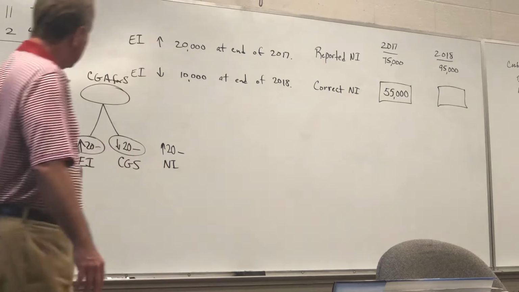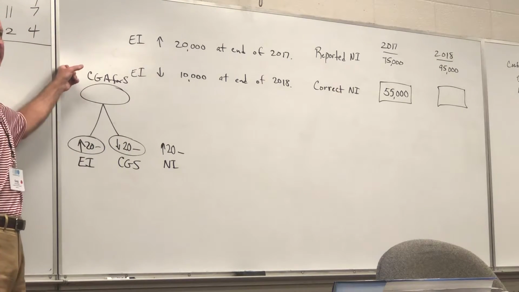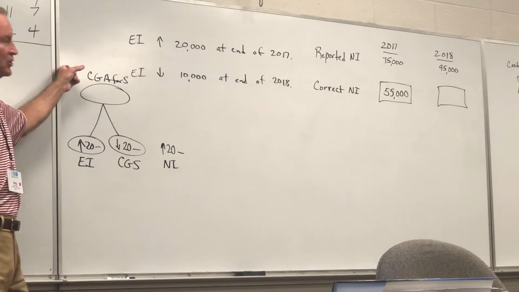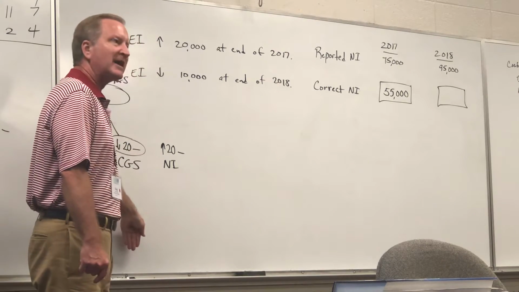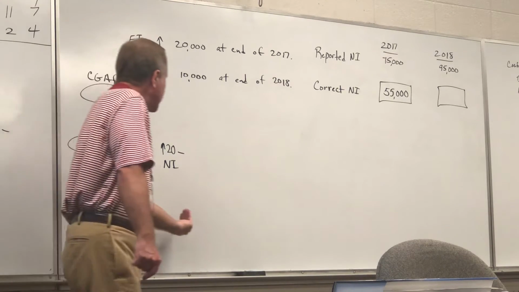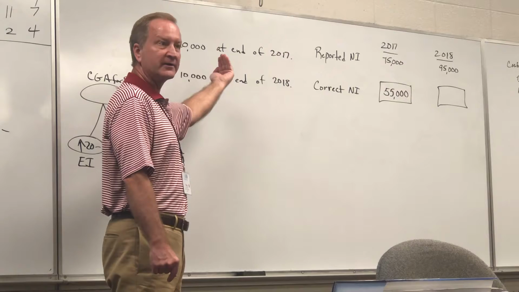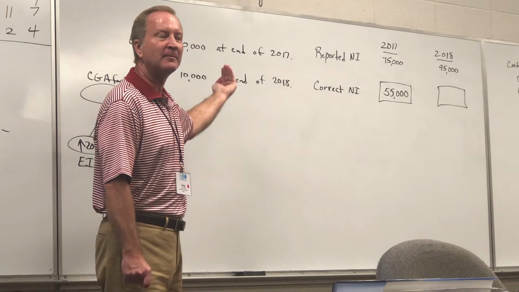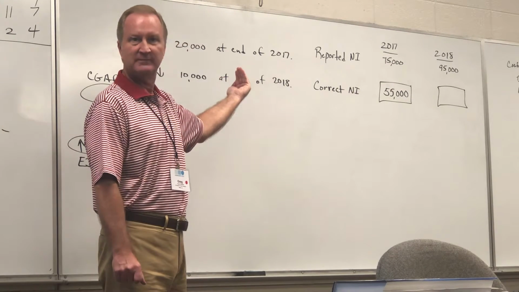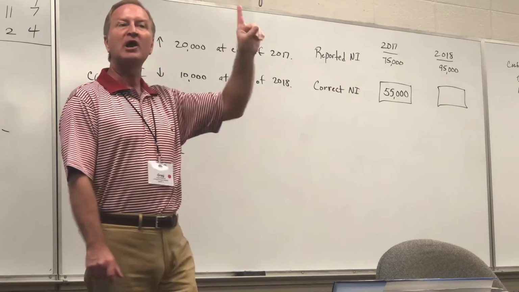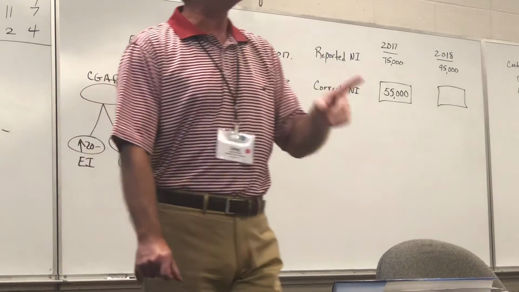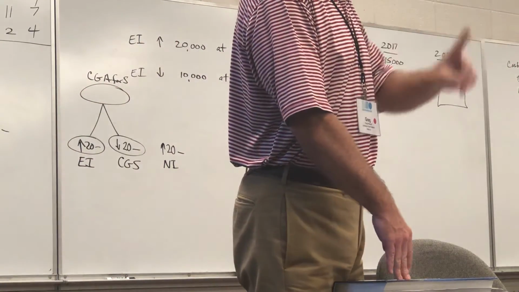Because I want to overstate inventory, which will reduce my cost of goods sold, which makes my net income higher, which makes my banker very, very happy. Plus, he lends me money based on the level of inventory I say I've got.